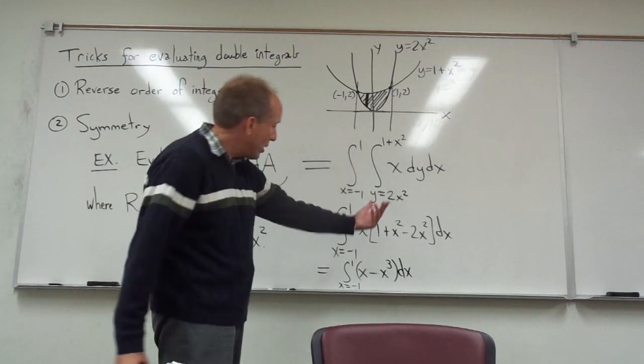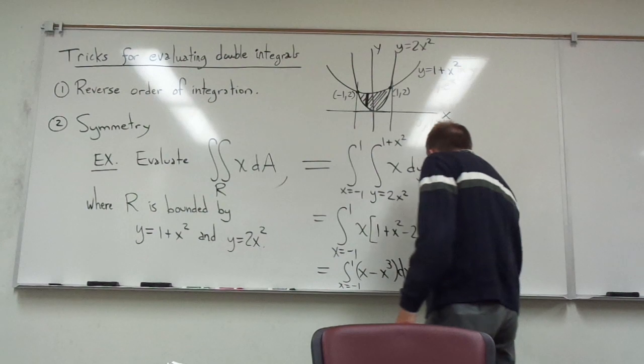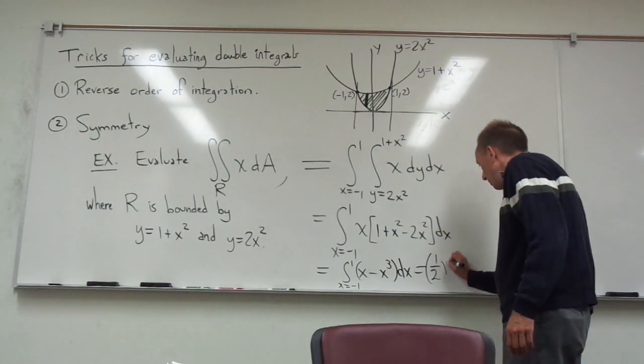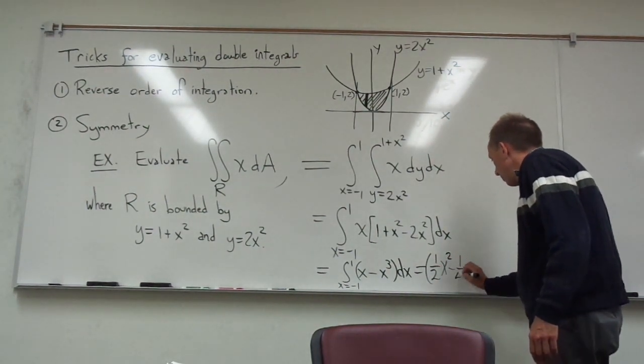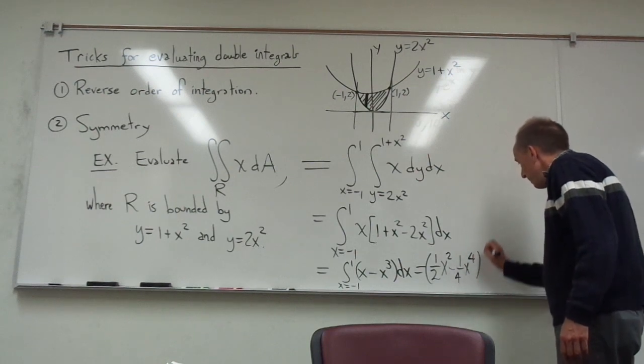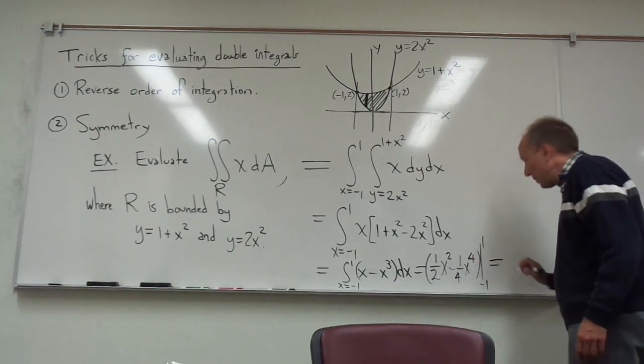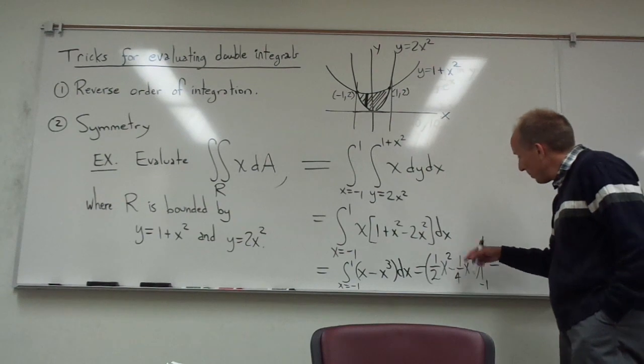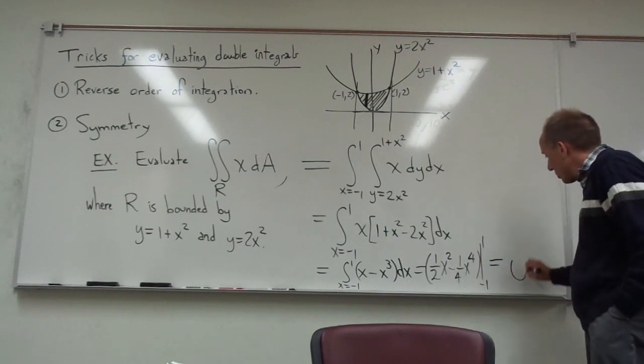Now I have a pretty easy integral to do here. And if you actually do this integral, 1/2 x squared minus 1/4 x to the 4th, and evaluate from the upper limit to the lower limit, you are actually going to get 0.